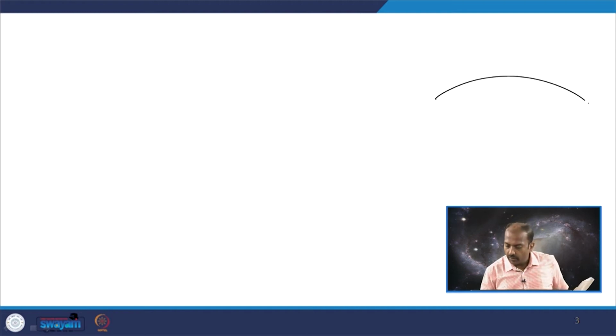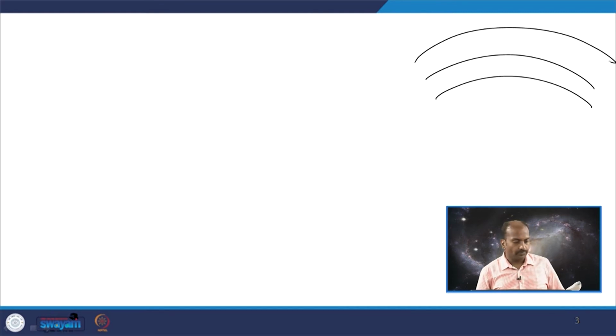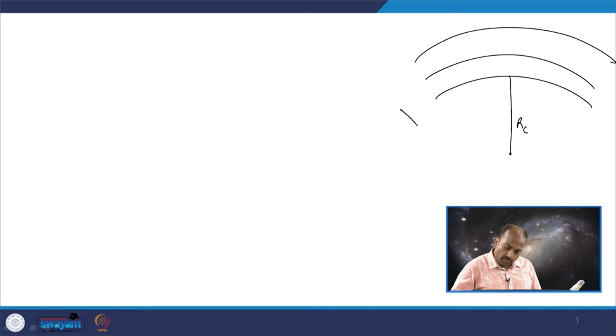What we will do for today is assume a particular geometry of the magnetic fields, such that the magnetic field lines are curved like this, right. The radius of curvature is r c, right. The coordinate system is assumed to be this.